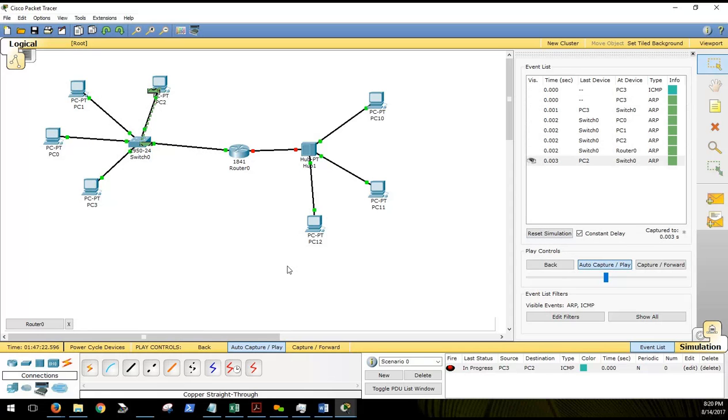PC2 sends it back, and it's going to send it directly to PC3 because it knows where PC3 is. So here the switch is already showing its intelligence and reducing network traffic. And then it receives it and then it's decapsulated.